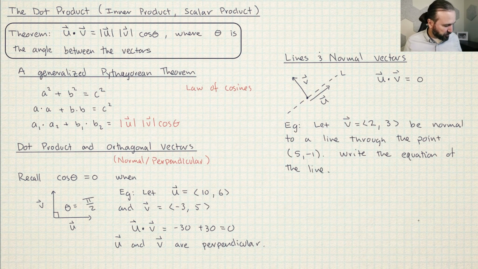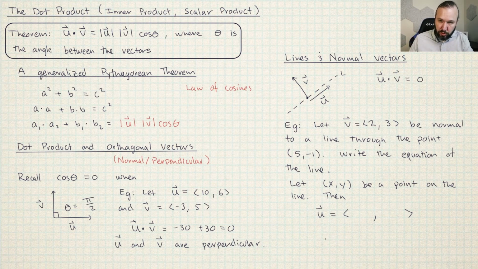So we're going to write the equation of a line. We're back in college algebra. Here I've given us a vector that is normal to the line, and I've given us a point that is on the line, and we are asked to write the equation of this line. So what we need in order to use this fact about dot products is a vector that is in the line. So what I'm going to do is let xy be a point on the line.